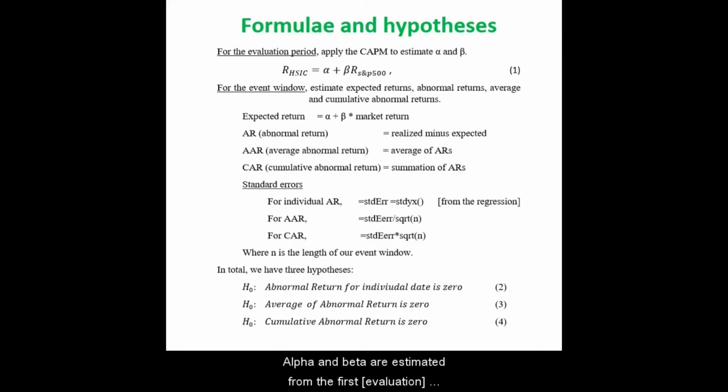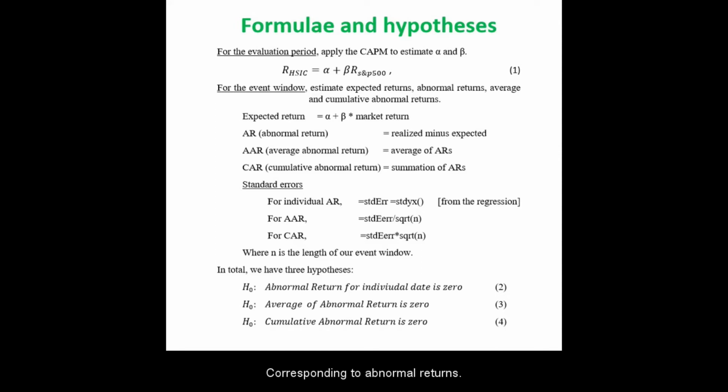Alpha and beta estimate from first period from equation number 1. Abnormal return is defined as realized minus expected. Actually, we can treat as surprise. Average abnormal return is simply the average of abnormal return. Cumulative abnormal return is simply the summation of abnormal return.